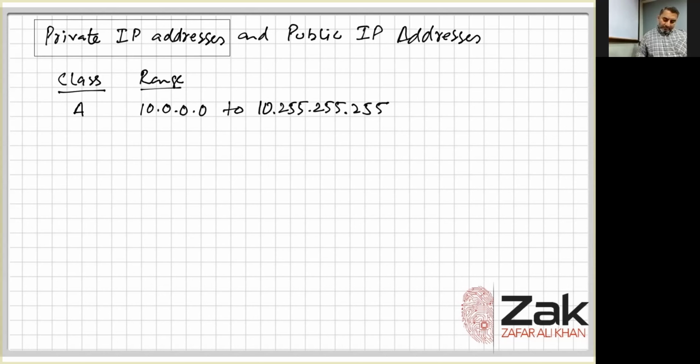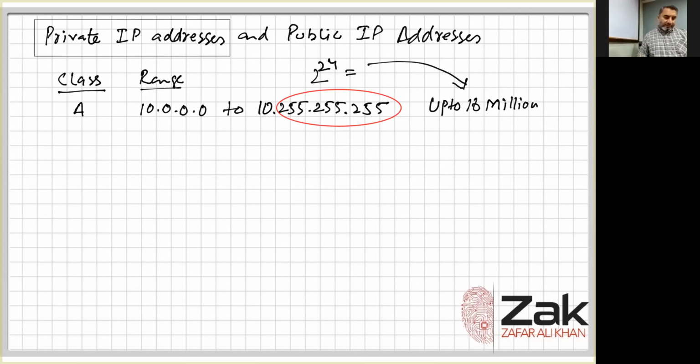And the range will become up to 16 million, because this part here has got 3 bytes. 3 bytes means 2 power 24 bits, and that is actually 16 million addresses.